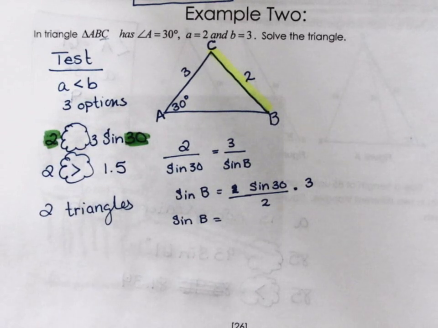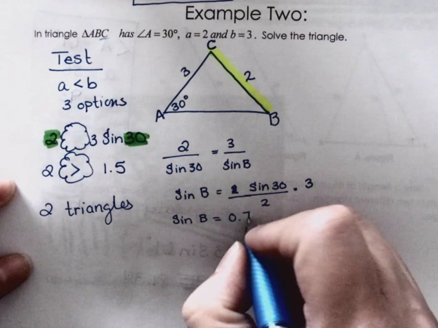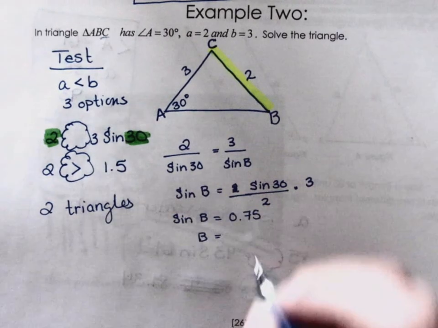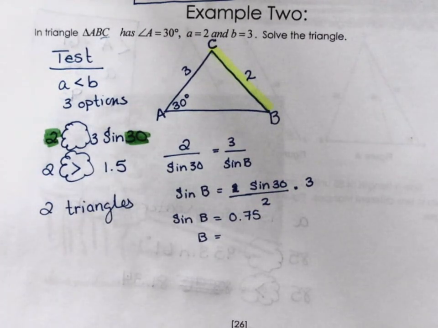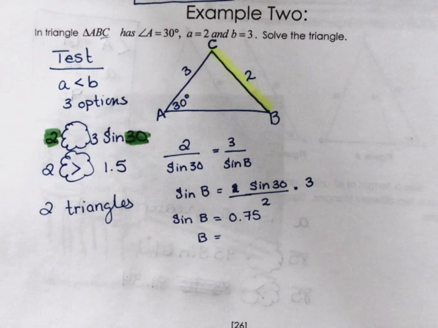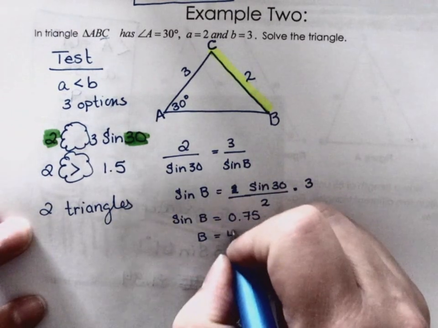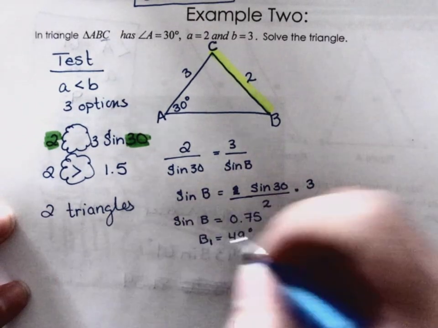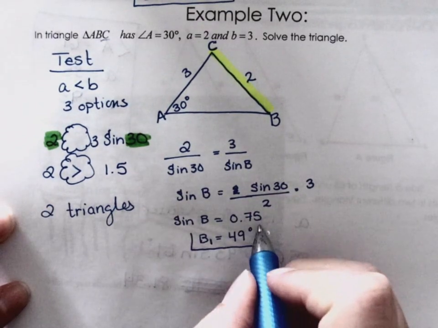When we're finding C, do we have to use the whole big decimal? Or can we just use 49? Oh, you're way ahead of me. Let me catch up to you. Let's just use 49. Okay, I'm going to label this B1 because this is my first triangle.